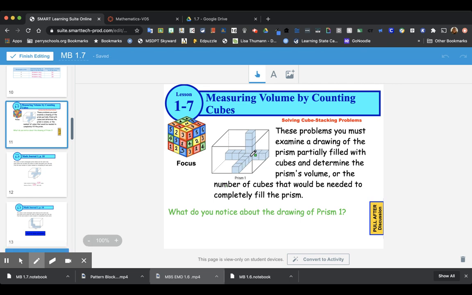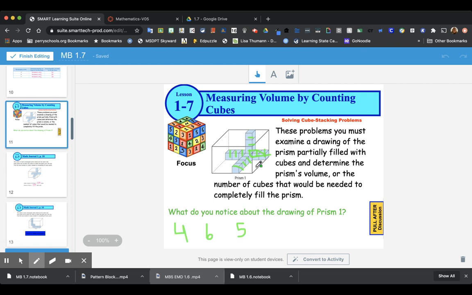So I can see that I've got 1, 2, 3, 4. So my height is 4. And I can go 1, 2, 3, 4, 5, 6. And then we can go 1, 2, 3, 4, and 5 long.